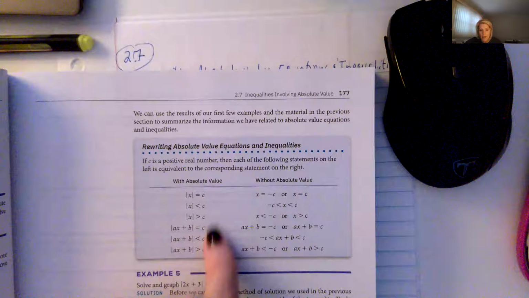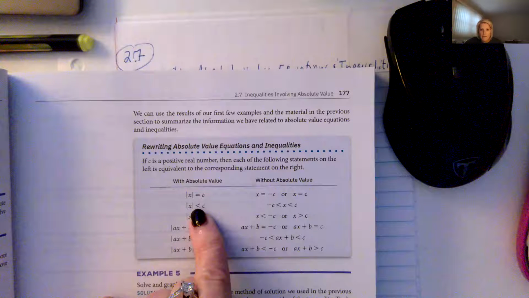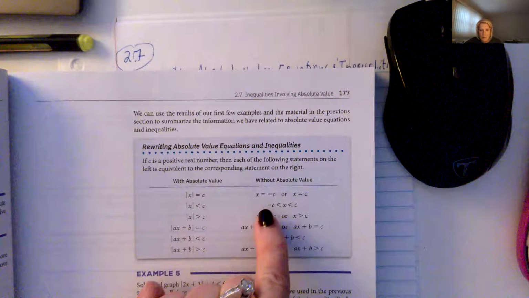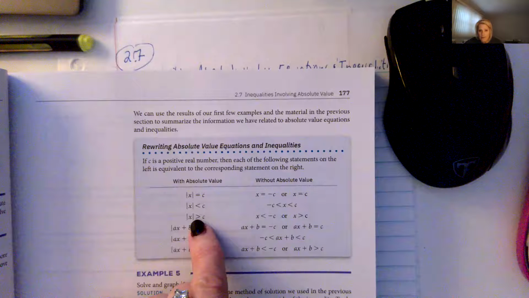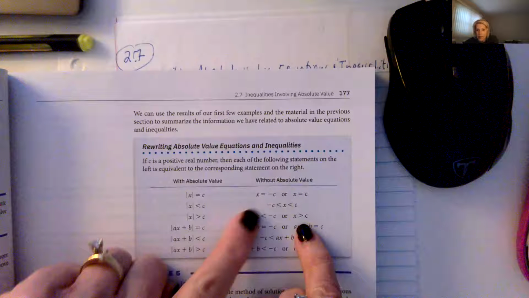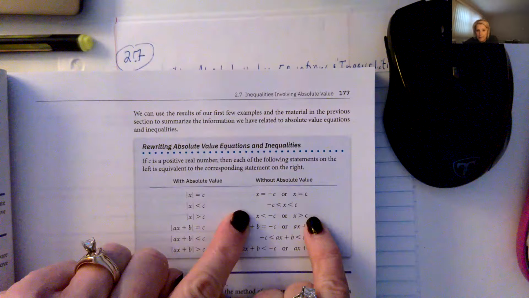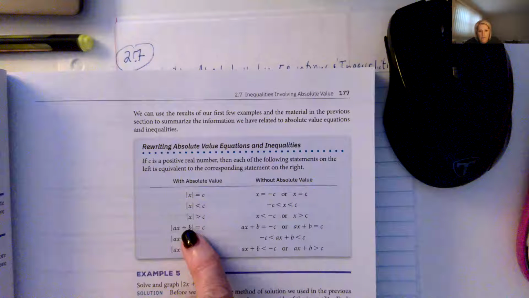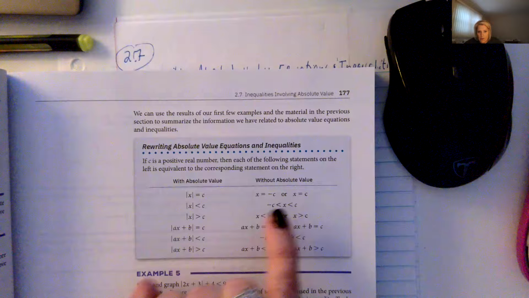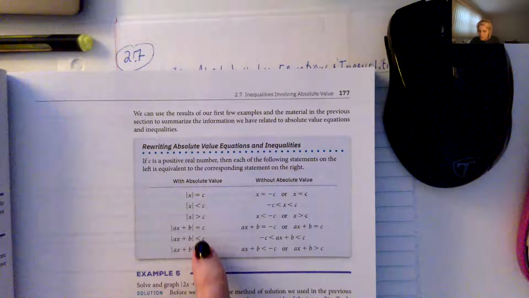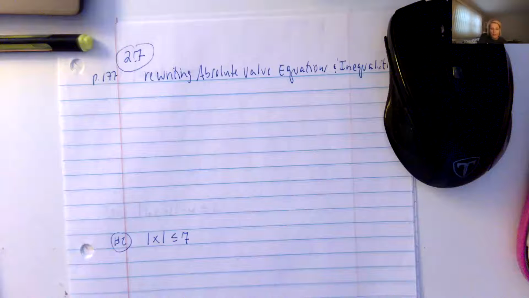So if the absolute value of X is less than C, then we know that X is between the two. If the absolute value of X is greater than C, then it's either less than the negative or greater than the positive. And then we have expressions on the inside. So when it's equal, this is what we did in 2.6. And now we're going to do the same thing with the less than and the greater than. Okay, so we're going to go ahead and put these into practice.